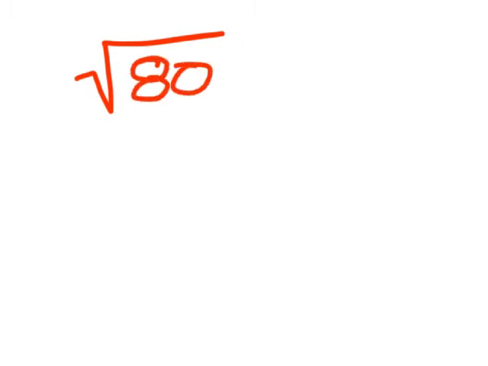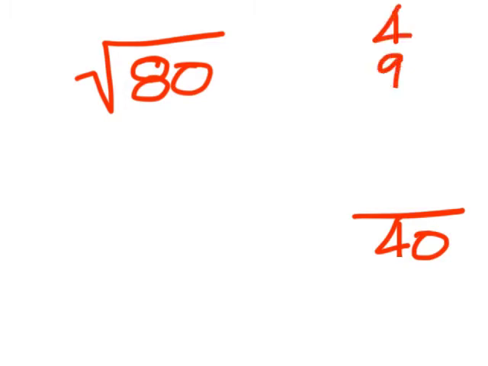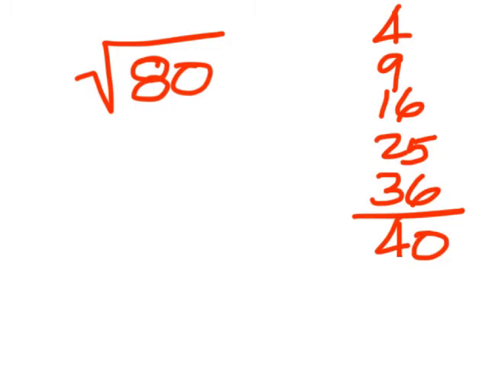Bring this one up here. This one is square root of 80. The solution for the practice problem. Half of 80, cut it in half, and that is 40. So you want all of your perfect squares up to and including 40, but 40 is not a perfect square. 4, 9, 16, 25, 36.